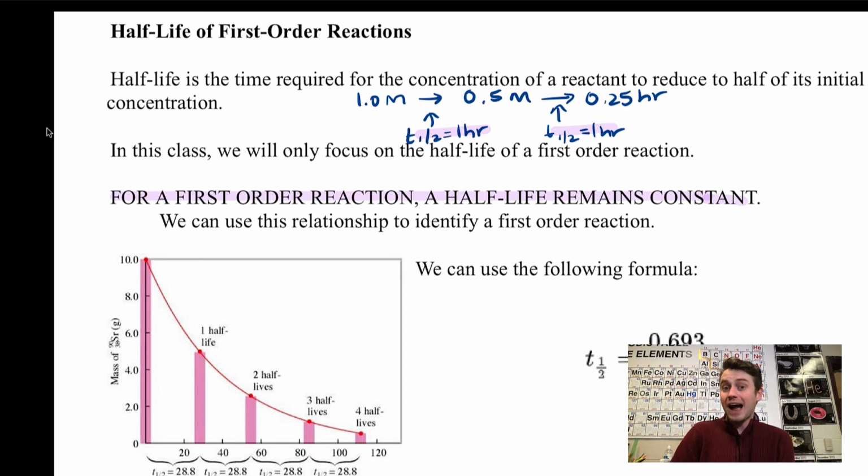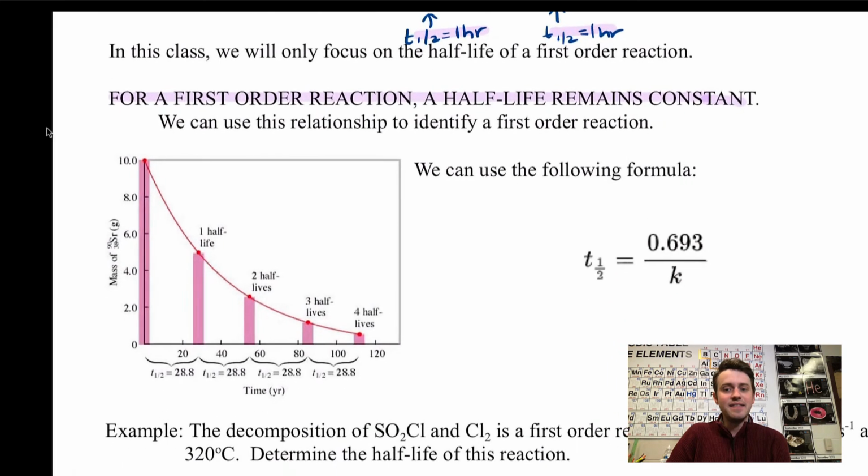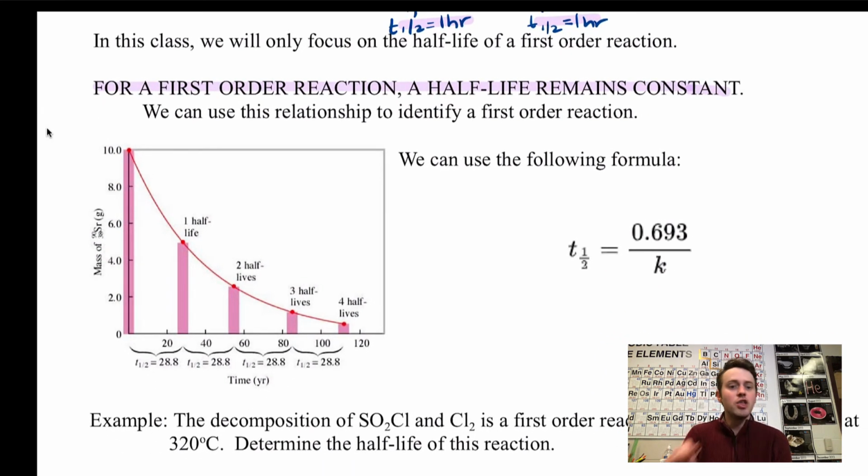I told you that graphically we can look at the y-axis and the x-axis to tell what reaction it is when there's a straight line. But you'll notice that in this graph there is actually not a straight line. But you'll also notice that the mass, or the amount that you have, is halved.